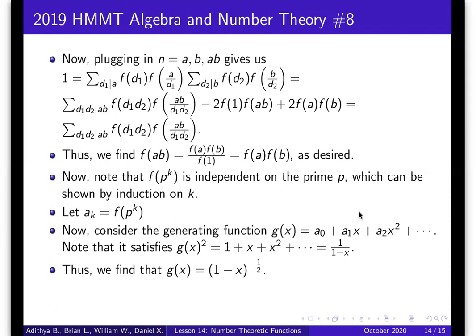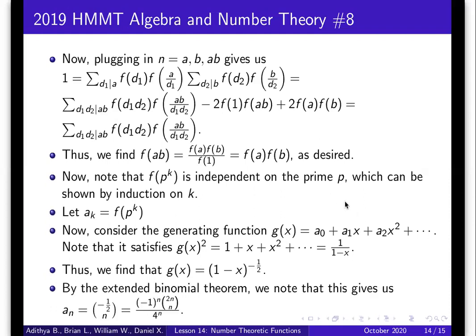Okay, so now we just have to find the coefficients of this. And this can be done with the extended binomial theorem. If you think about the coefficients of 1 minus x to other powers, you just use the binomial theorem again, except instead of choosing integers from integers, you have negative 1/2 choose integers, right?